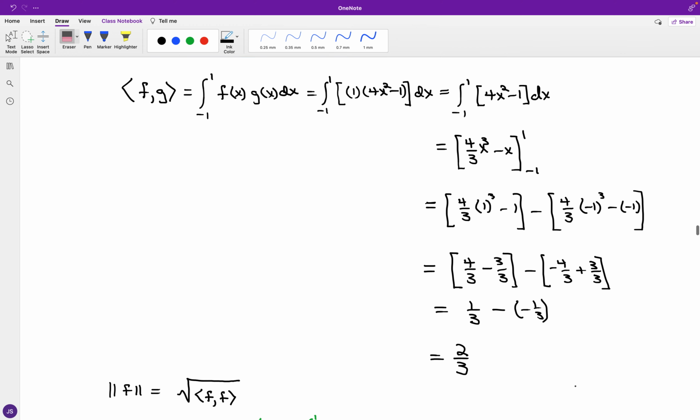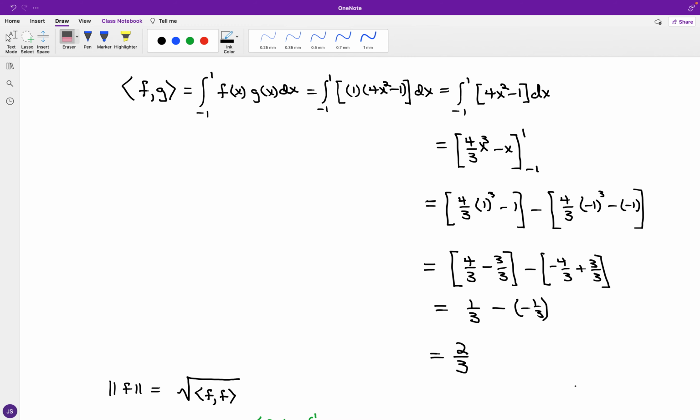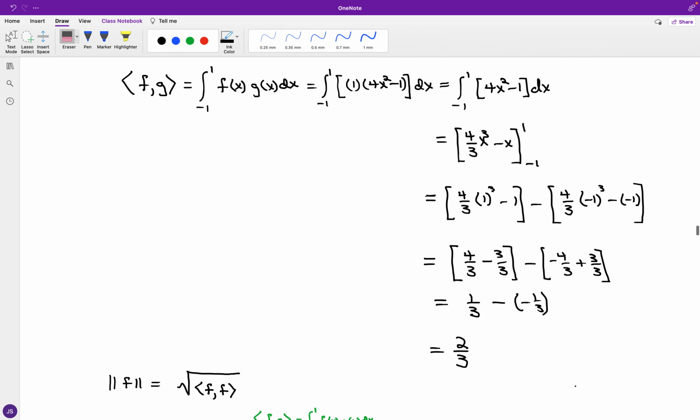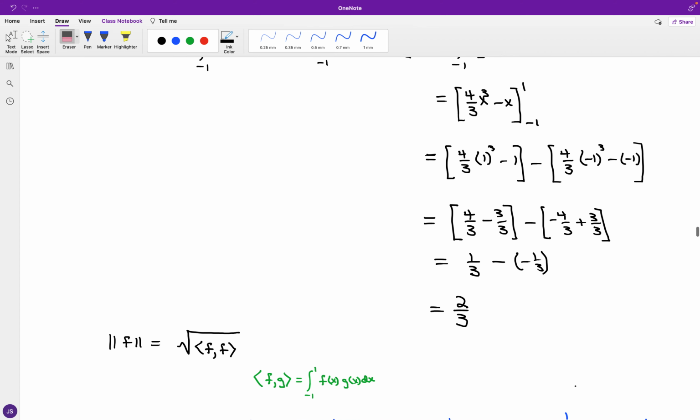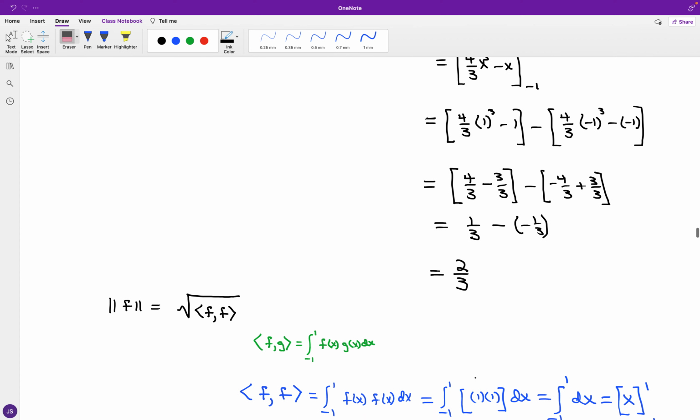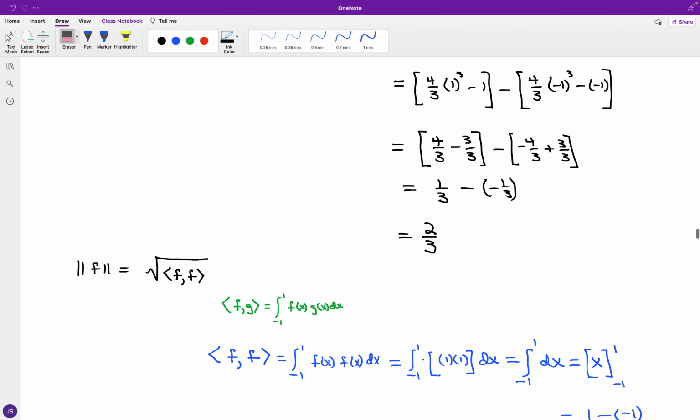Now, looking at the norm of f, that is going to be the square root of the inner product of f and itself. Again, for the formula for the inner product of f and g, you have this integral statement, but for the inner product of f and itself, I'm going to replace g of x with f of x.